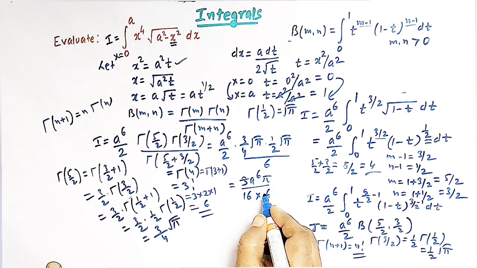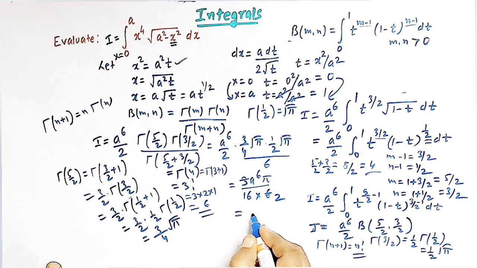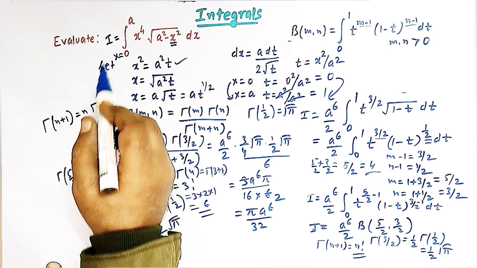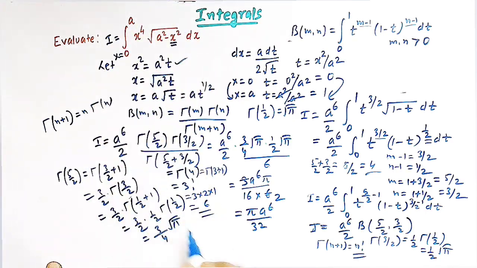And then we have 3 times 2, 6, and this is pi a raised to 6 divided by 16 times 2, that is 32, right? So viewers, the value of this integral is equal to pi over 32 times a raised to 6.